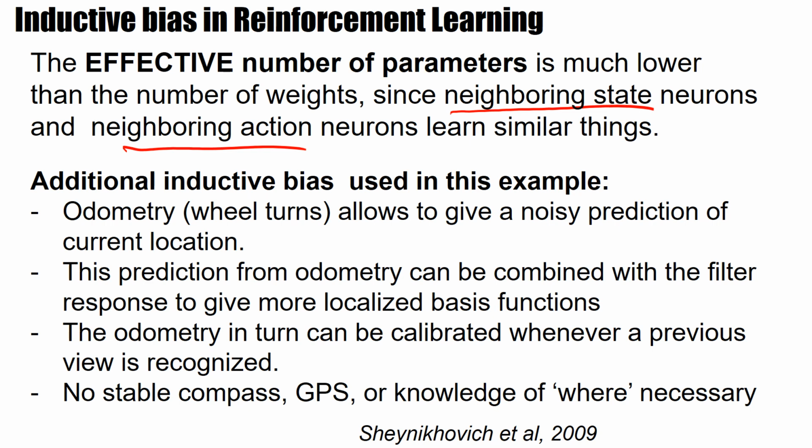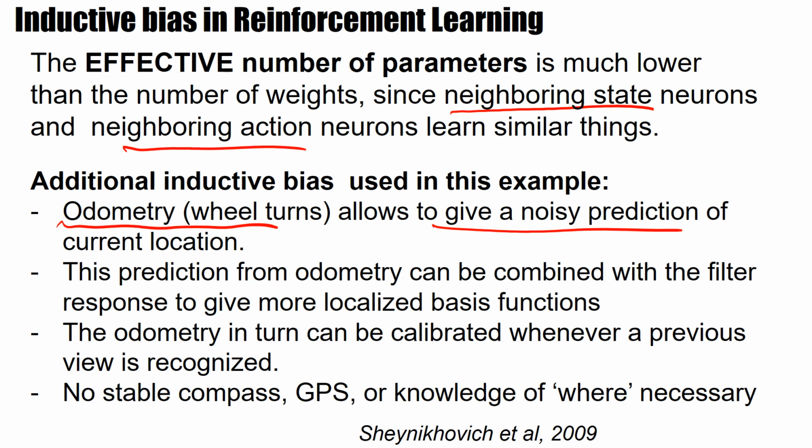Moreover, we can use an additional inductive bias, and that concerns the odometry, which means wheel turns. And if I know that both wheels run at the same speed for 2 turns, I can predict what my current position is given my previous position.